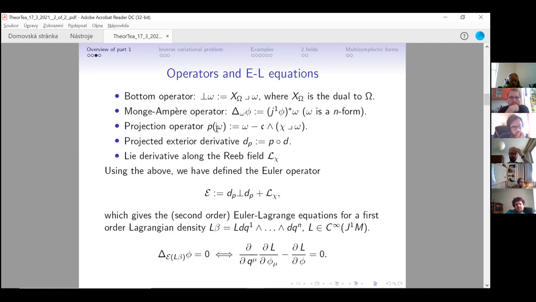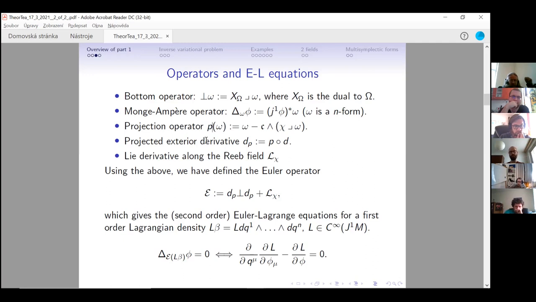Because on this subspace, wedging with omega is an isomorphism, since omega is non-degenerate there. So we can do symplectic calculus with omega on these forms.